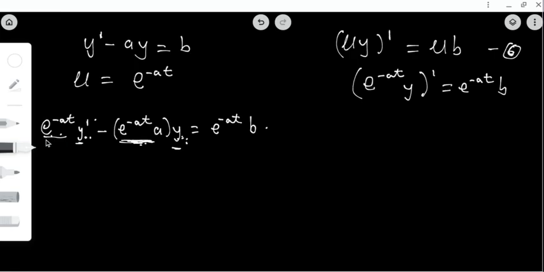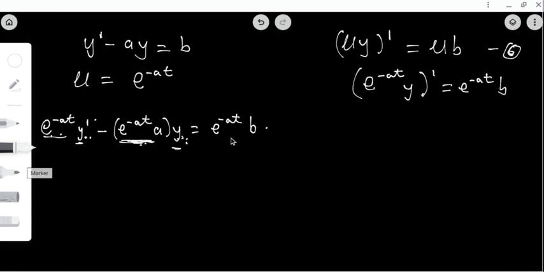Yes, please. So in that case, we can say that this whole expression becomes the product rule. Now take note, the concept is, you see the integrating factor. I am going to show you a shortcut.